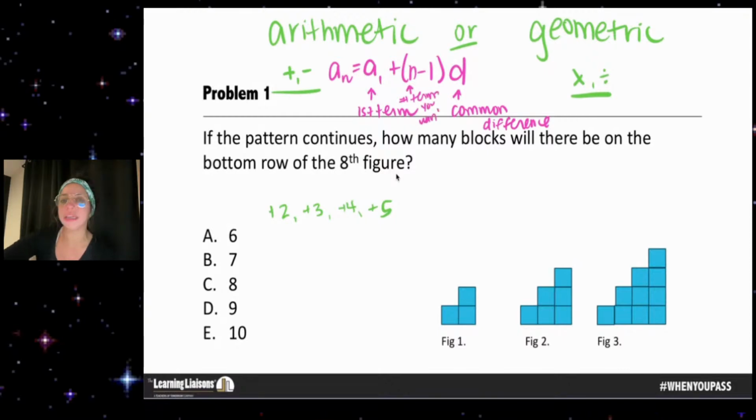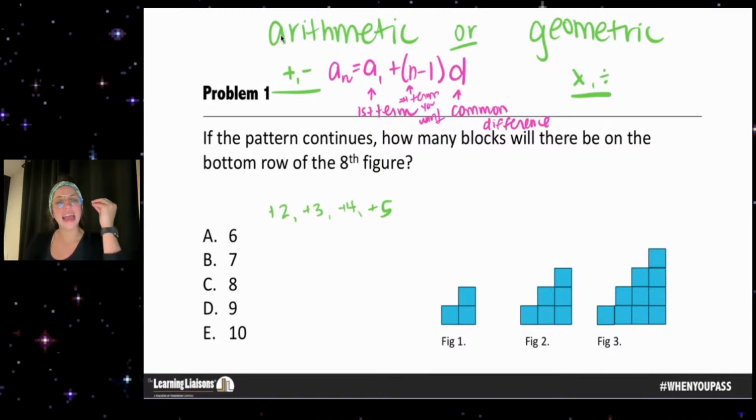I do not like memorizing formulas. I just don't. So with that said, I don't keep the arithmetic and geometric sequence formula in my brain. Beth, I'll answer your question in 1 minute. I don't like to hold those in my brain.